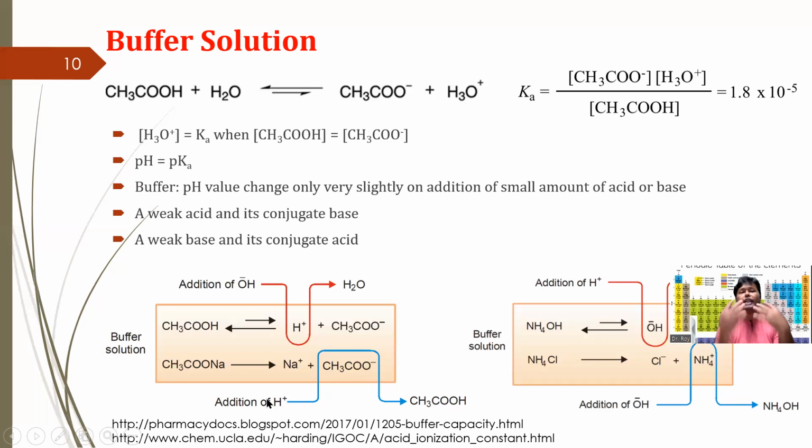That means the H plus we are adding to the buffer solution will add to the acetate ion to form acetic acid, and the pH of the acetic acid will not change much. That means the change is very negligible.